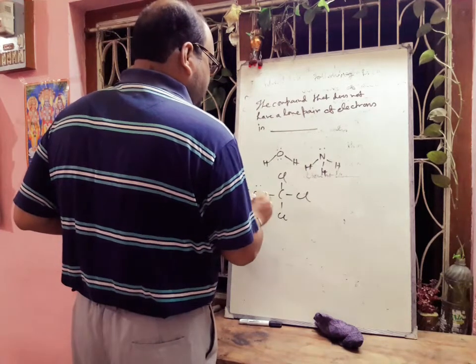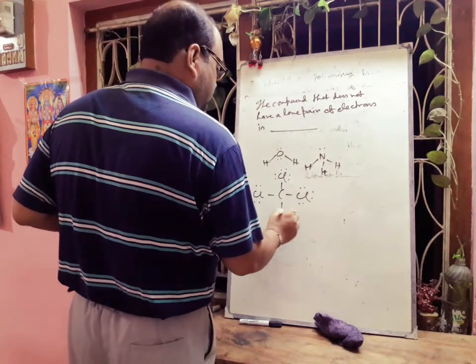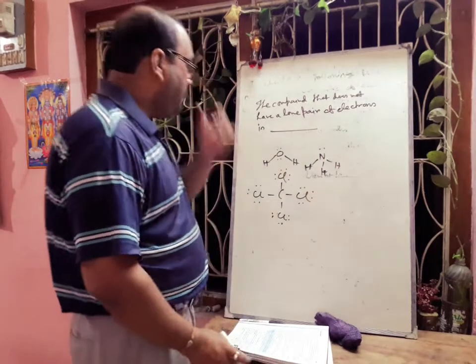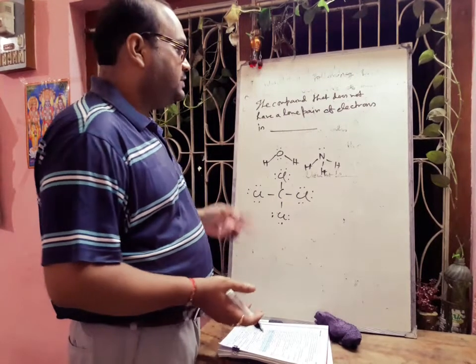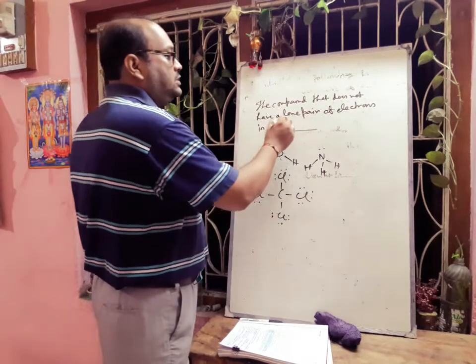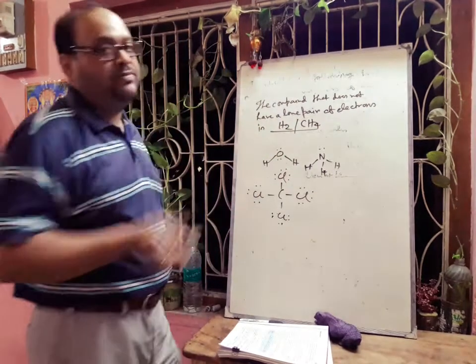Here also on each chlorine there are 3 lone pairs of electrons. So here marks will be given, because the question options are not correct. So what will be the answer? You can write hydrogen or you can write methane. This type of molecules have no lone pair of electrons.